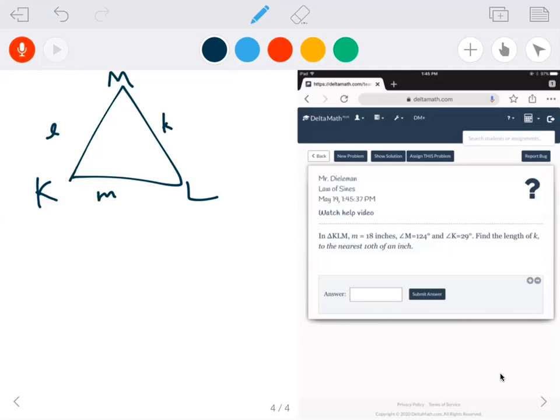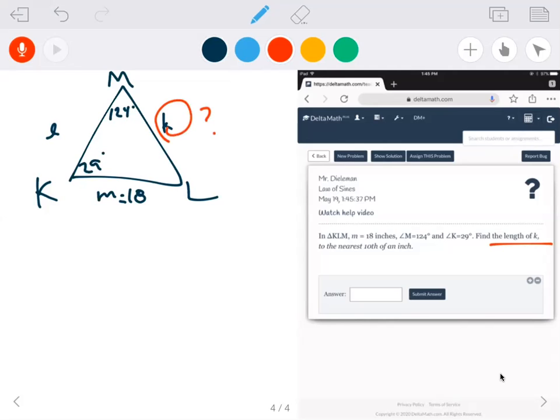They tell us that angle M is 124 degrees. Angle K is 29 degrees. And we know that side length M is equal to 18 inches. They want us to find the length of K. So we're trying to find K.